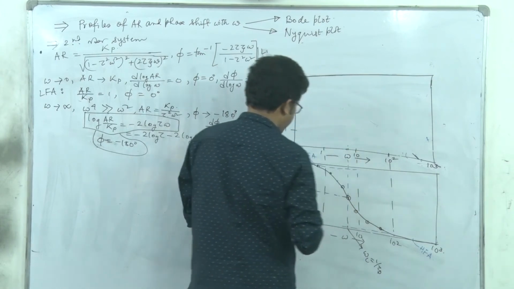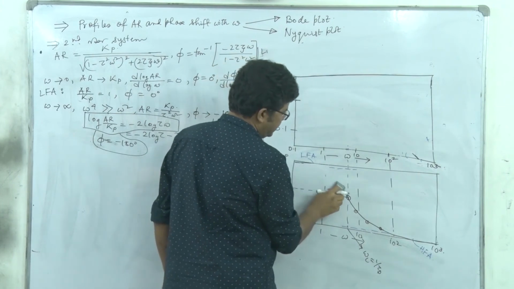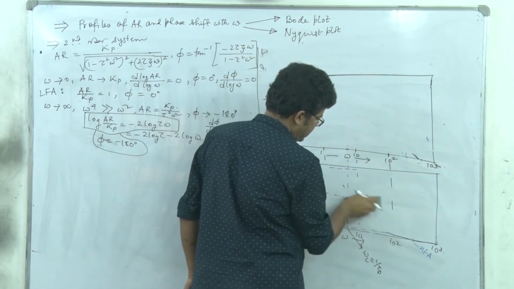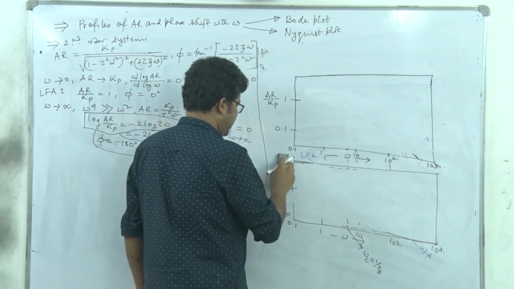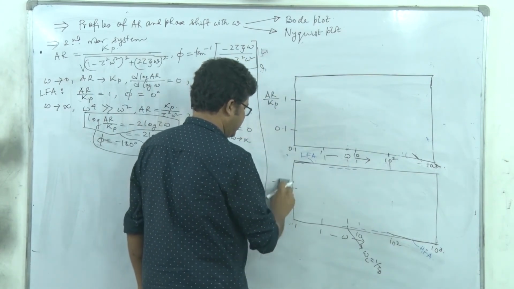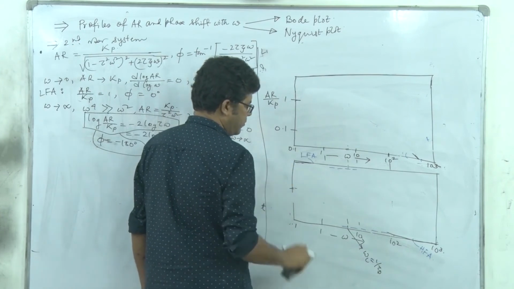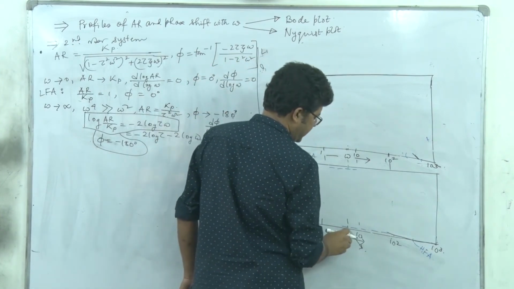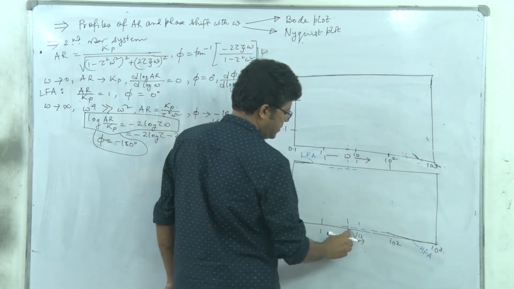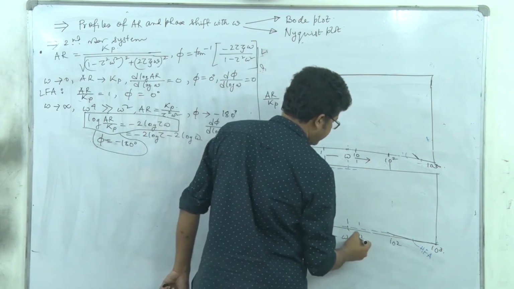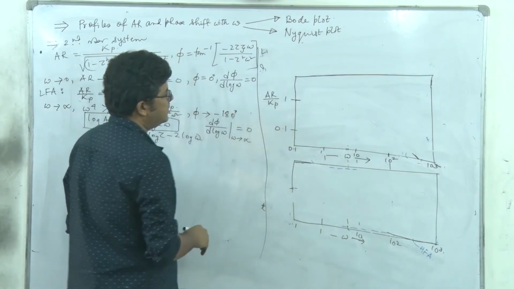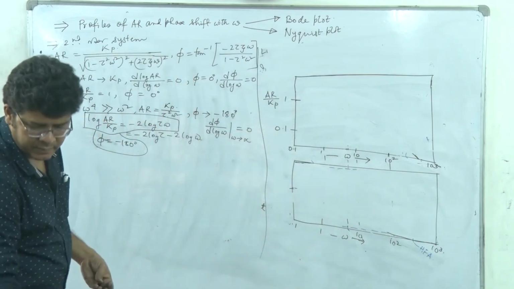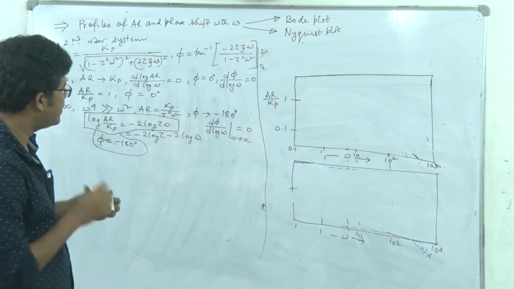Here also let's erase this, right, and these limits, because the limits will no longer be the same, and this corner frequency pointed. So now you see that this low frequency asymptote is this.